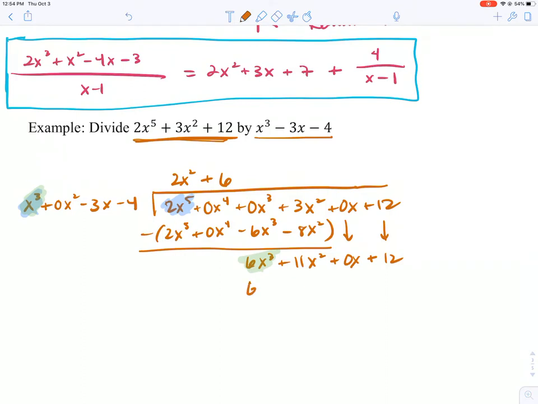And then I can multiply. So I'll be left with 11x squared plus 18x plus 36.